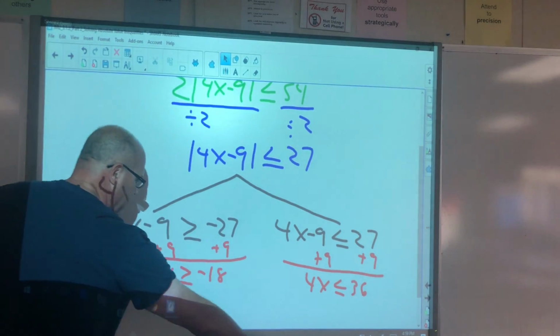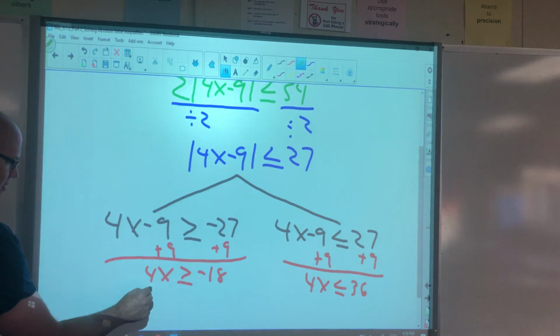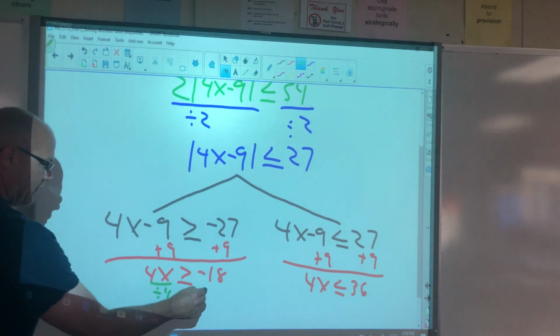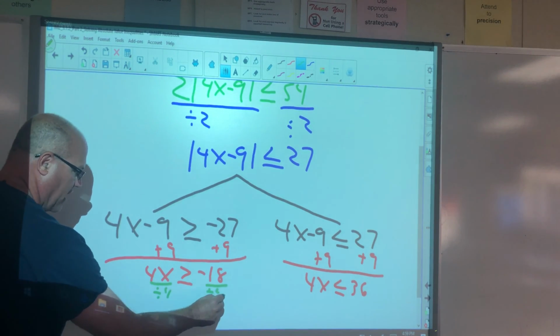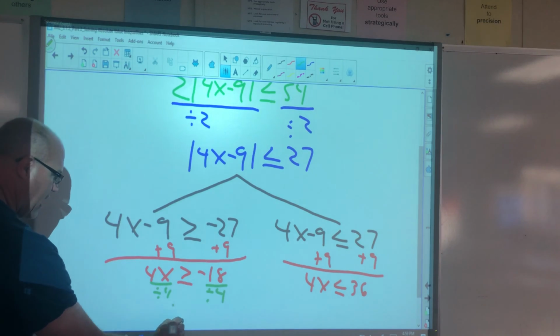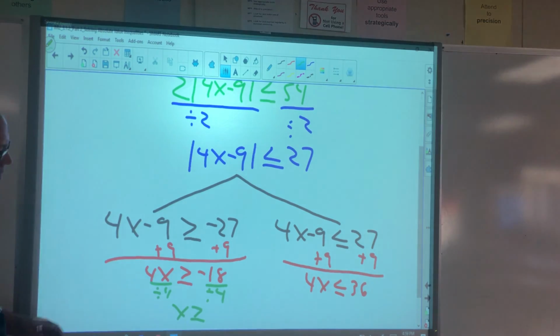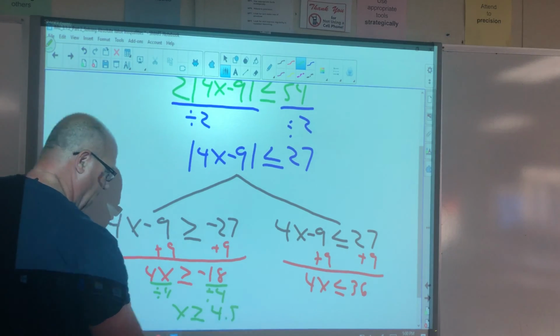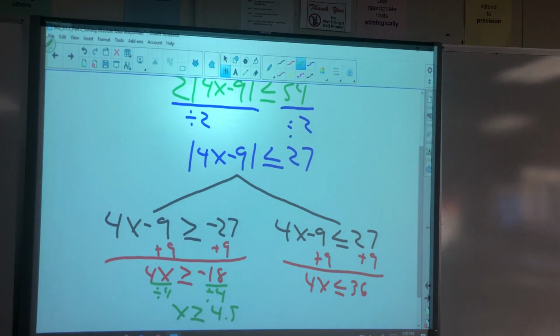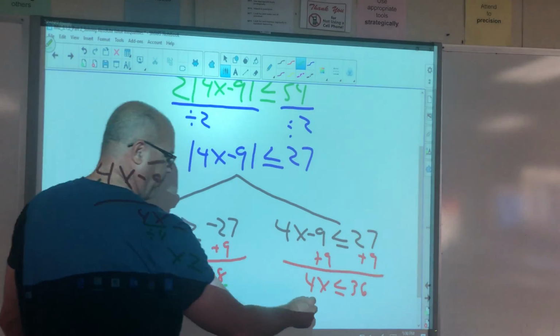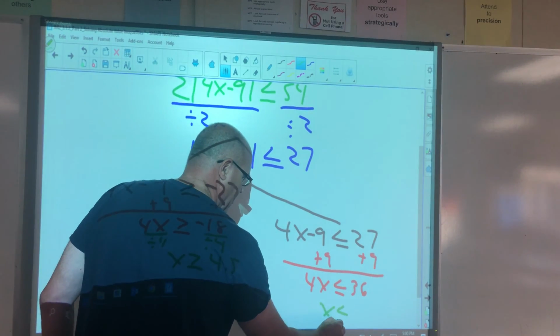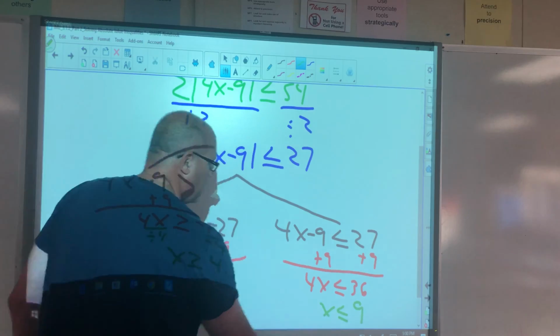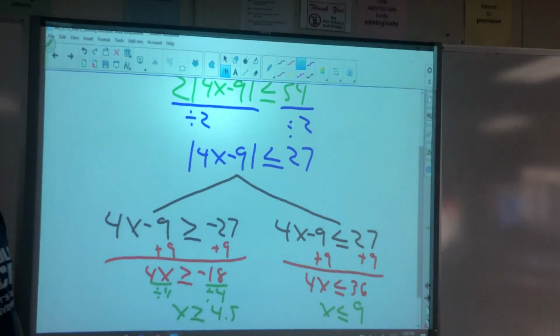Then I'm going to divide both sides of the inequality by 4. So do not change the sign, right? And so I'm going to get x is greater than or equal to 4.5. And then this one, divide by 4, I get x is less than or equal to 9.